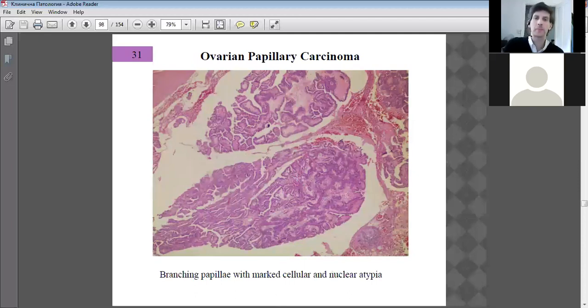Ovarian papillary carcinoma. He calls it branching papillae with marked cellular or nuclear atypia. Where we have atypical nuclei, then you can think of perhaps a type of cancer. Also always see if you can look for some necrosis as well.